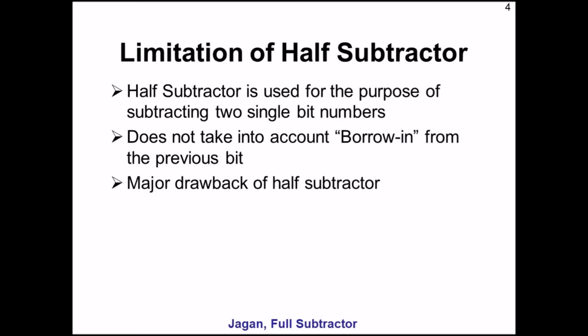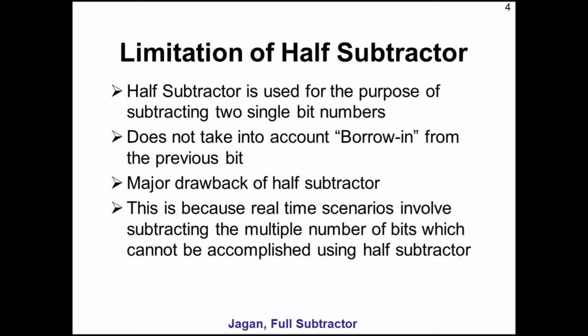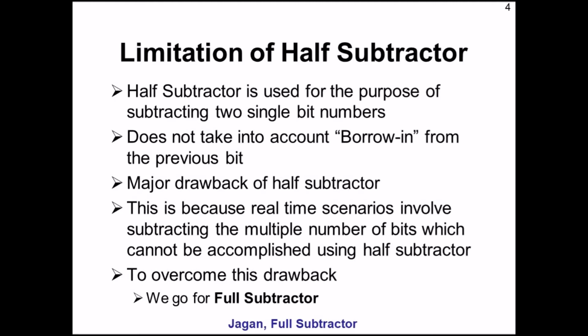This is the major drawback of half subtractor, since in real time scenarios you require operations with multiple number of bits which cannot be accomplished using half subtractor. So the only way is full subtractor comes into play.